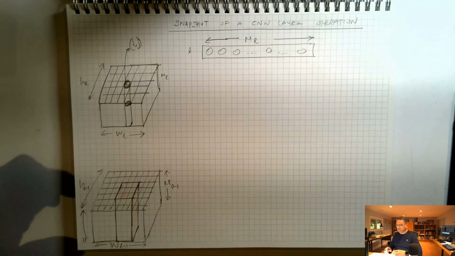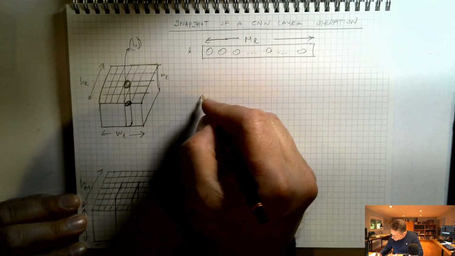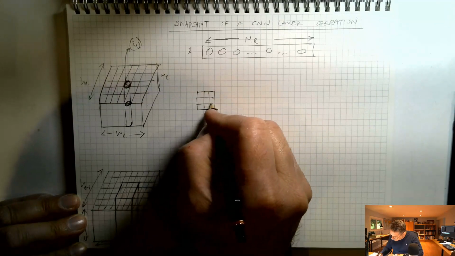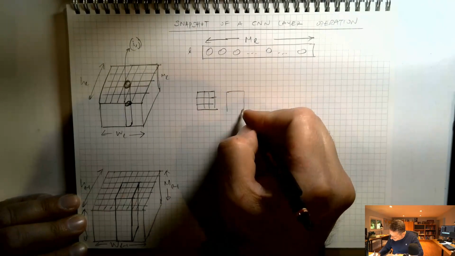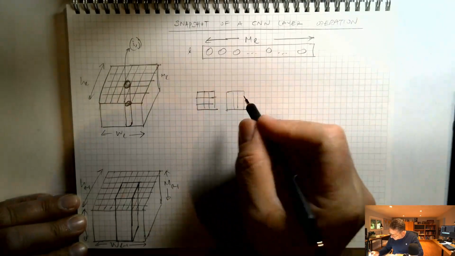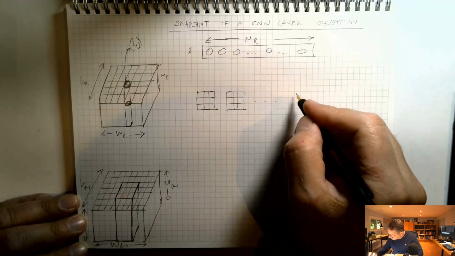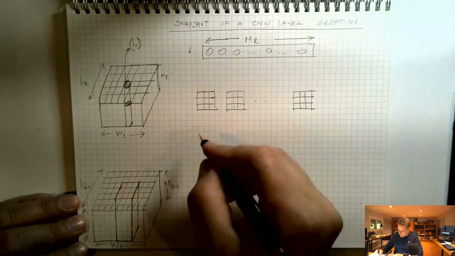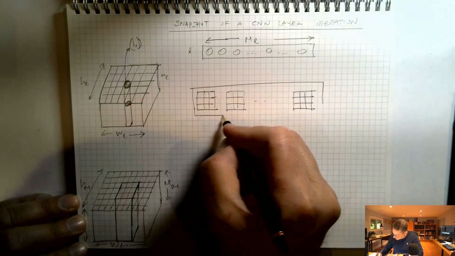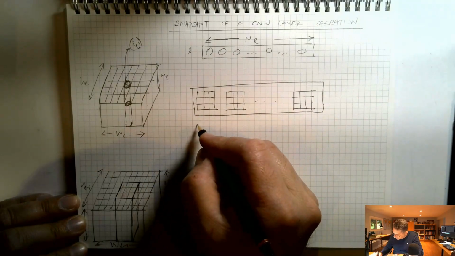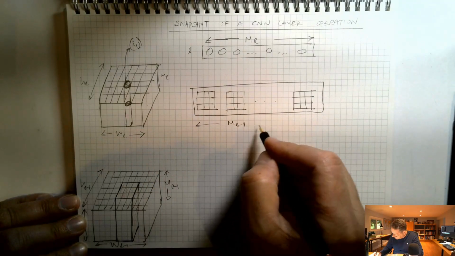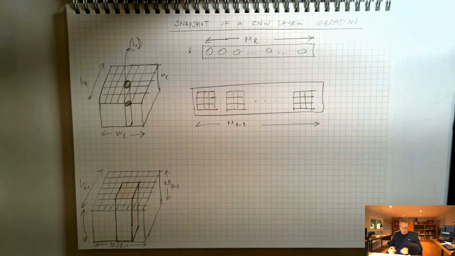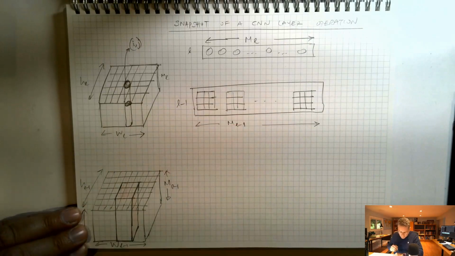I'm taking the filter and decomposing it over here into the 3x3 kernels that it contains. These are going to be my 3x3 kernels, and this will be of dimension M_(l-1). So I just took the filter, rotated it 90 degrees and decomposed it into its kernels. This is the (l-1)-th layer.